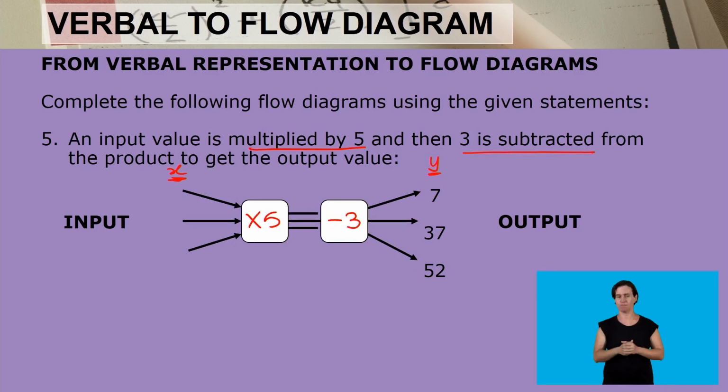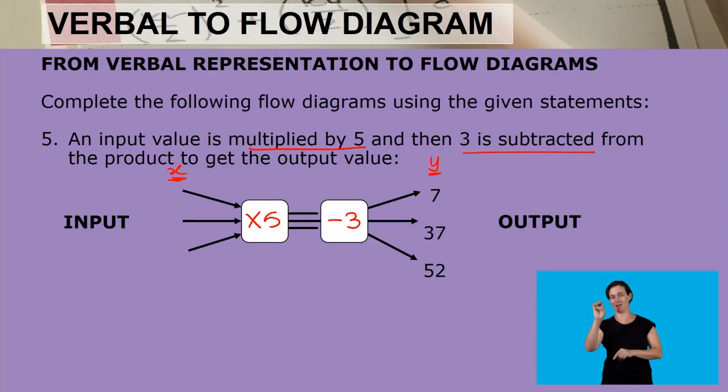But as we have seen in other examples, if we are given the output value, which is the answer, we are going to use the additive inverse and the multiplicative inverse to get to our input value, which is what we initially started with. So let's look at those output values.